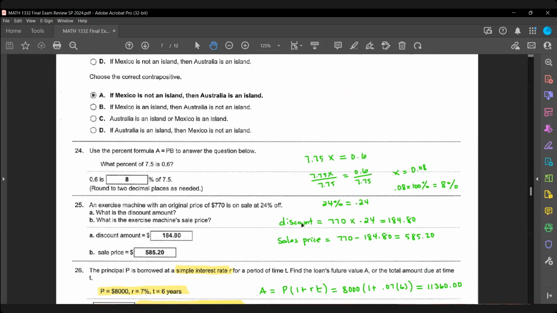Then the discount amount is the multiplication of 770 with 0.24. That leads to 184.80. What is the sales price? Well, we take the difference between the original price and the discount amount, and that turns out to be 585.20.